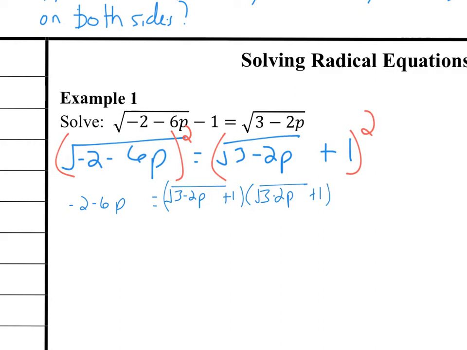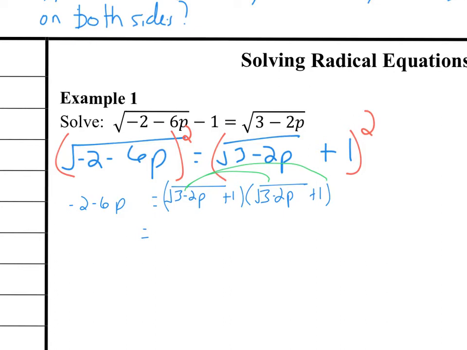Alright, so we FOIL. First, outside, inside, last, or you could think of double distribute, where I multiply this guy times here and here, and I multiply the 1 times here and here. Alright, so first step, let's multiply in. I'm going to multiply the square root of 3 minus 2p by both parts.